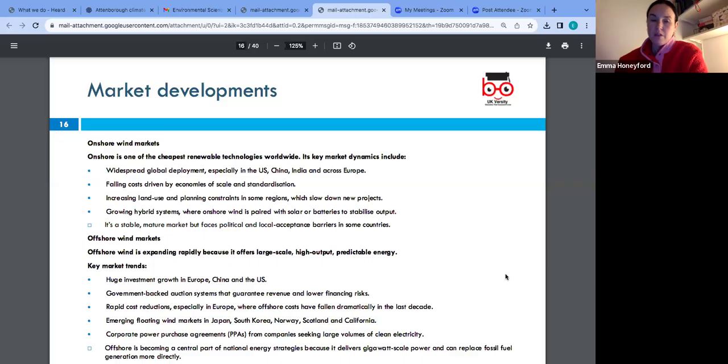So that has meant that the supply and demand has meant that there's falling costs. The increasing land use and planning constraints in some regions, which slow new projects. So in terms of planning constraints, there has obviously been planning objections from local communities.